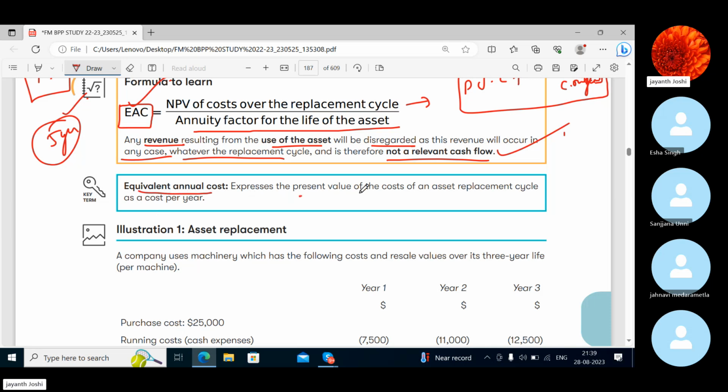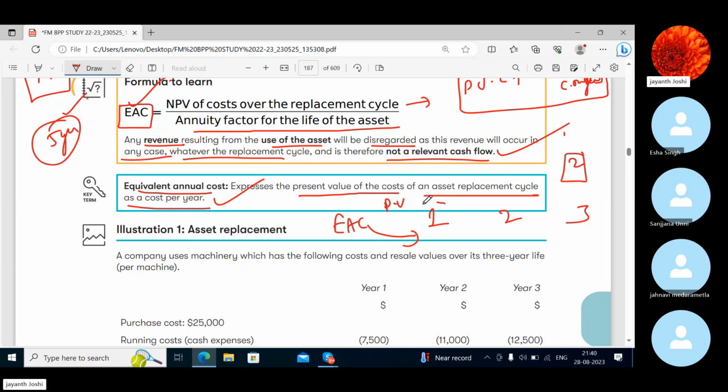It expresses the present value of the cost of an asset replacement cycle as a cost per year. Present value is nothing but, let's say you want to replace your asset every 2 years. You can consider every 1 year you want to replace, every 2 years you want to replace, every 3 years you want to replace. So equivalent annual cost is nothing but the present value of the cost of an asset replacement cycle.